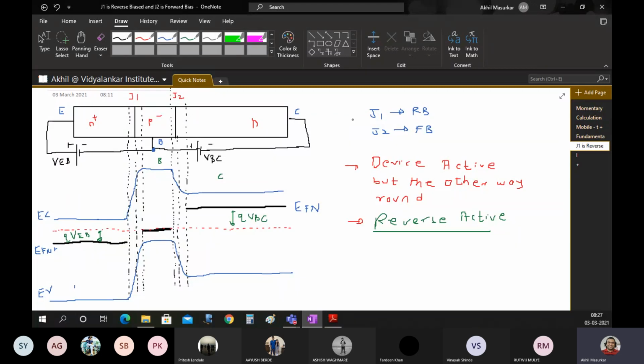Yes, any doubts in this, please ask. And those who have finished drawing this can start drawing the energy band diagram in the forward active mode. Forward active mode means J1 is forward biased and J2 is reverse biased.